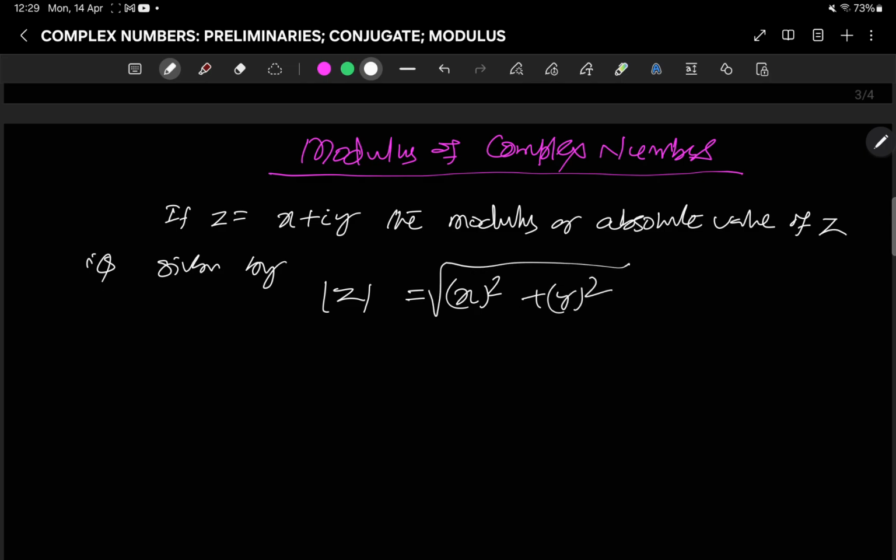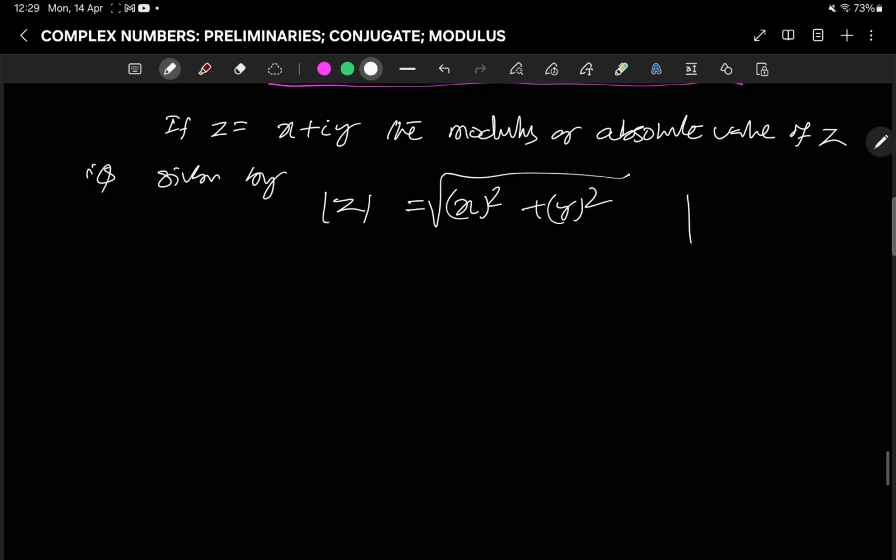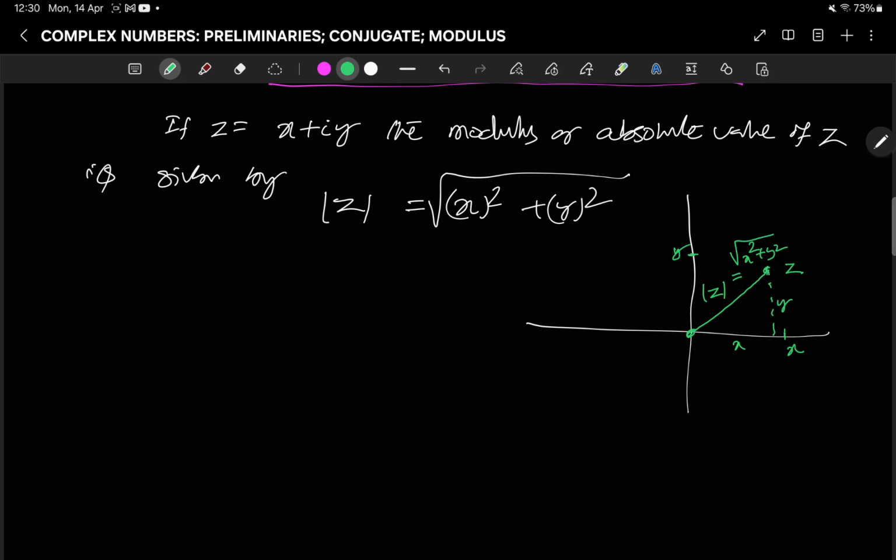I mean to say here is that if we have a complex number, this is my x, and this is my y. Now this is my z, and this distance is z mod, which is the square root of x square plus y square, right? So this is my x and this is my y, and this will be the square root of x square plus y square. It is the modulus of z, right?